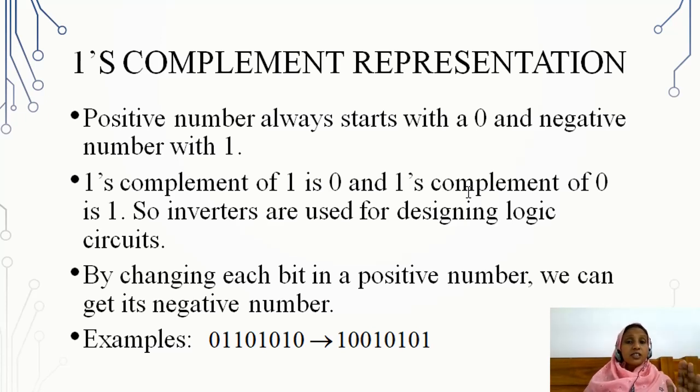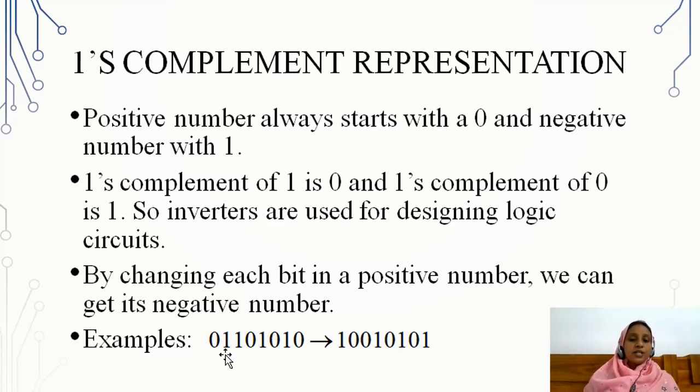So, the 1's complement of 1 is 0 and the 1's complement of 0 is 1. To implement the one's complement method, we can use inverters in logic circuits. By changing each bit in a positive number, we can get its negative number.